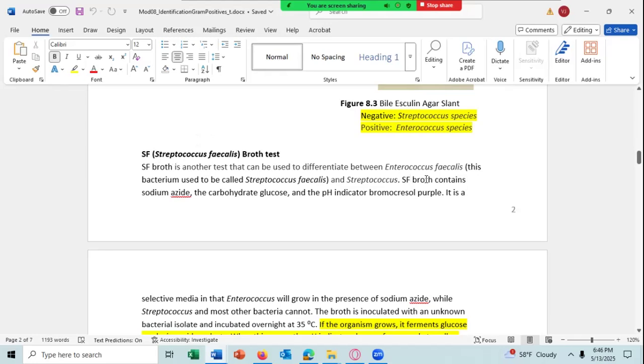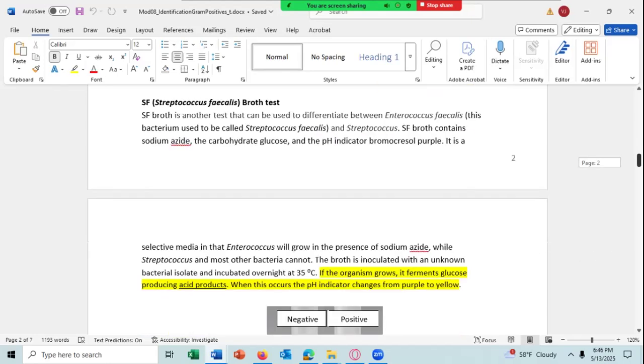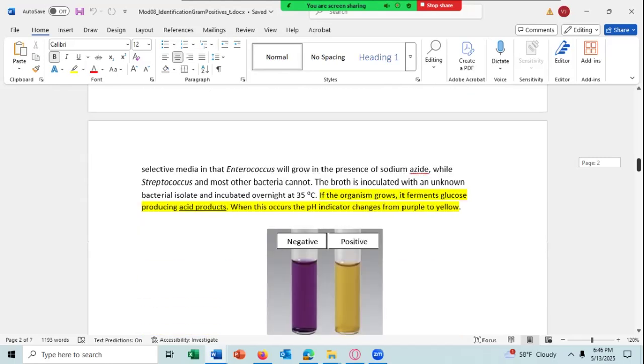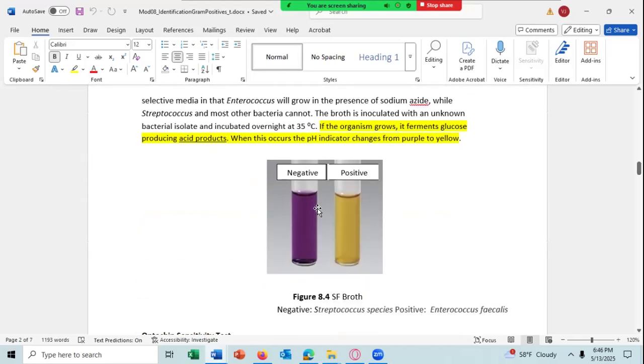It's Enterococcus faecalis. This test was used to separate out Enterococcus faecalis from other Streptococcus species. If the organism can ferment glucose and produce acid products, it'll change from the purple color of the broth to a yellowish color.